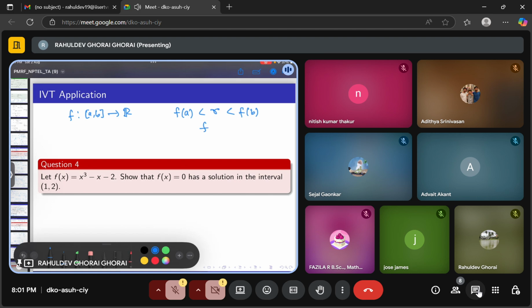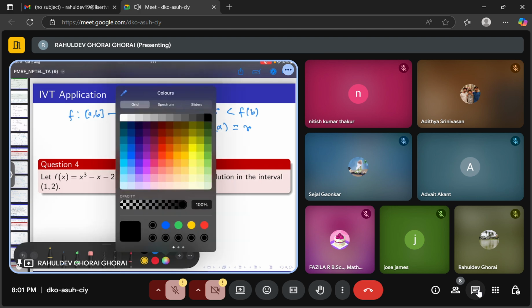Then there exists alpha in [a, b] such that f(alpha) is equal to r. That is the IVT, the intermediate value theorem.